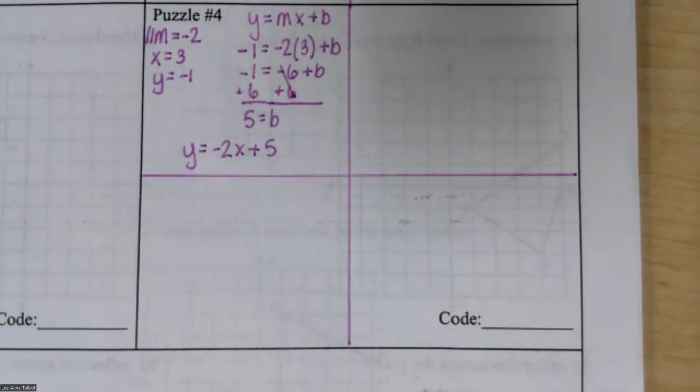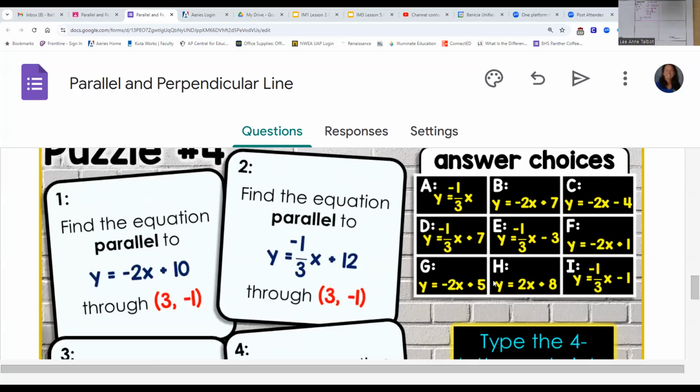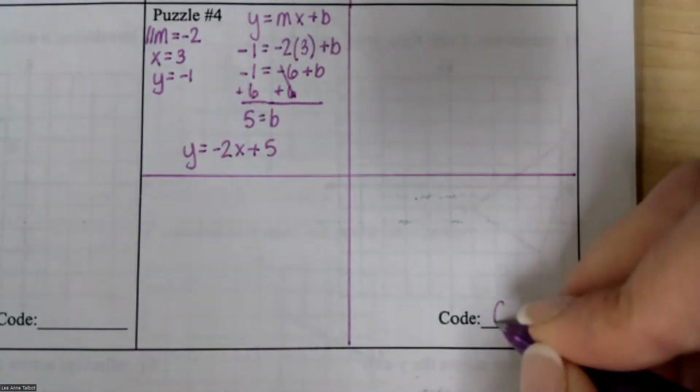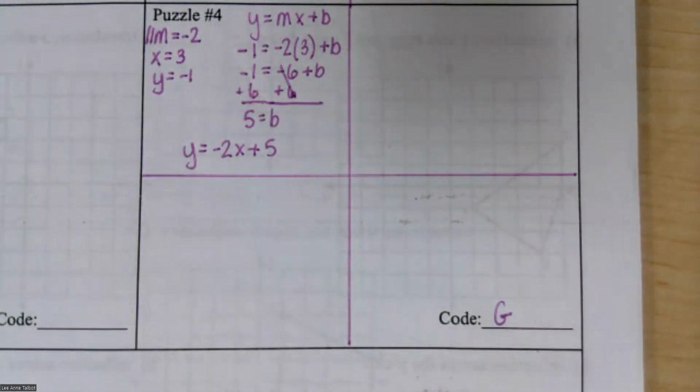Okay. Which one is that? G. Okay. So your first one for puzzle 4 is G. Okay.